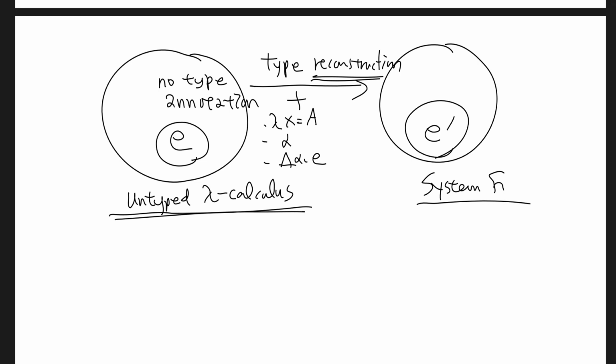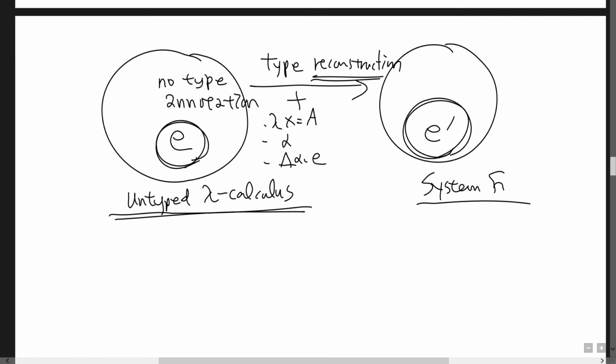But of course, this expression E prime must be connected to the original expression E in some way. You cannot just return a random expression in system F given this expression E. So these two expressions must be connected in some way.